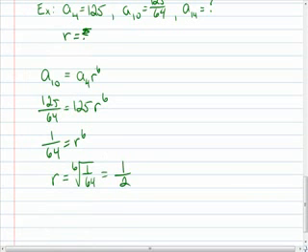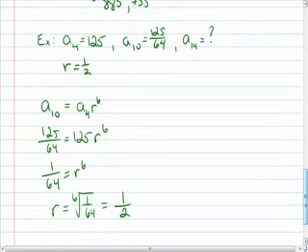So if R is 1/2, then what? We need the 14th term. Think of any clever way to get the 14th term? Burns, you got any clever ways up your sleeve over there?